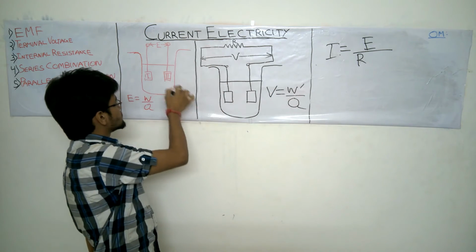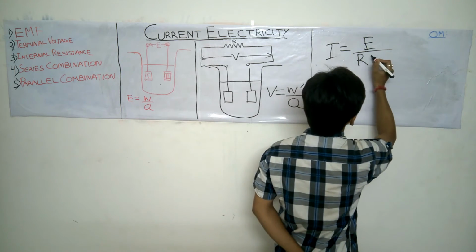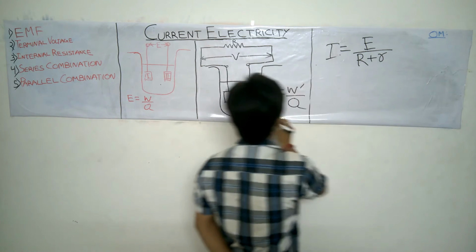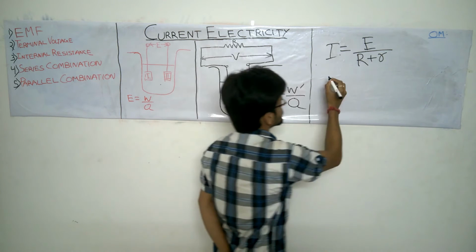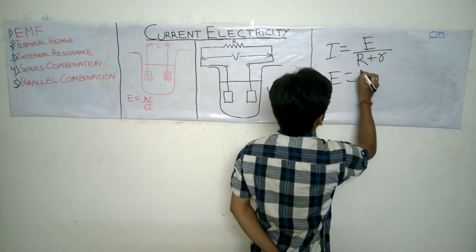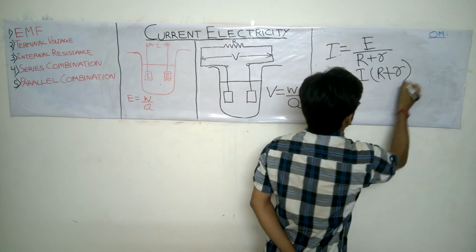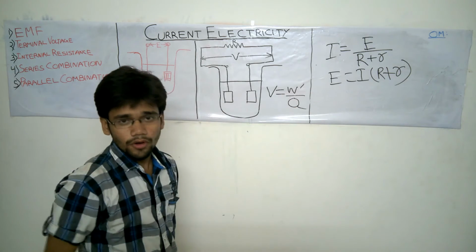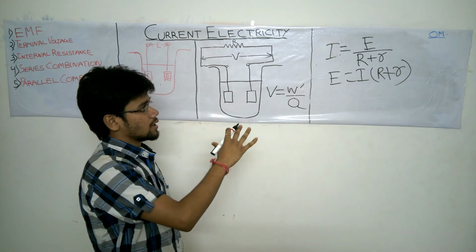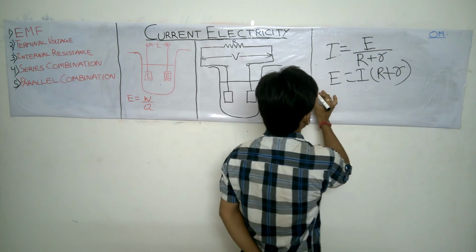The total voltage inside the cell is E, and the total resistance is the resistance R plus the internal resistance r, that is due to this battery. So now we will write an expression for EMF, that is equal to I into (R plus r). All these relations will be helpful for you when you are solving problems related to these concepts. Okay.